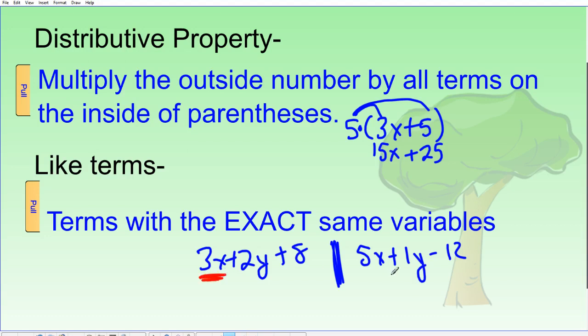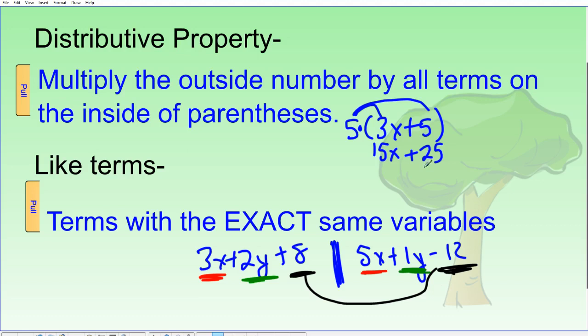The x's are alike. Those two are like terms. 2y and 1y are like terms. But also, this 8 and this minus 12 are like terms because they all have the same variable. X, x, y, y, constant, no variable, constant, no variable. So even this 8 and this minus 12 could be grouped together.